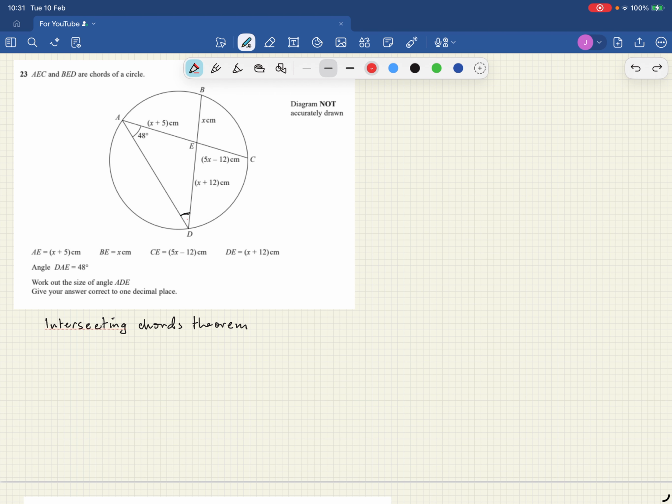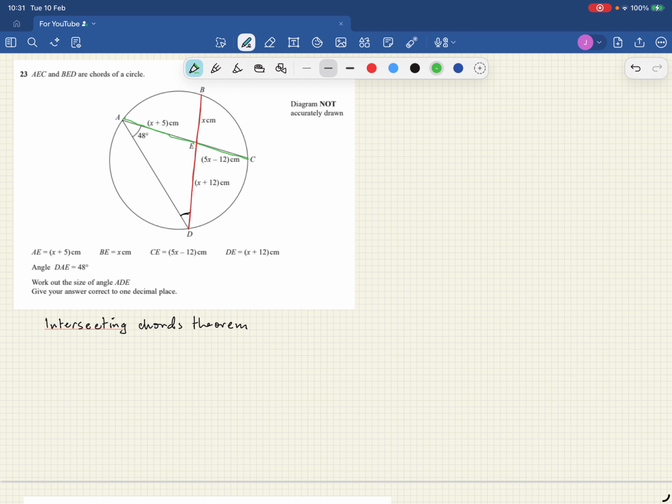And it is that this part of the chord leading up to the intersection times this part of the chord is equal to this part of the chord leading up to the intersection times this part. Okay? So it's always the bits that are leading up to the intersection of the chord.